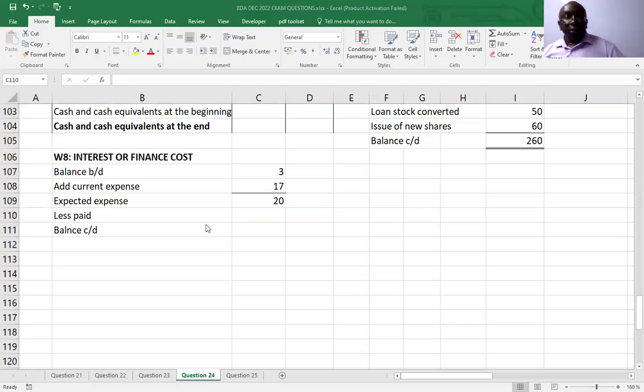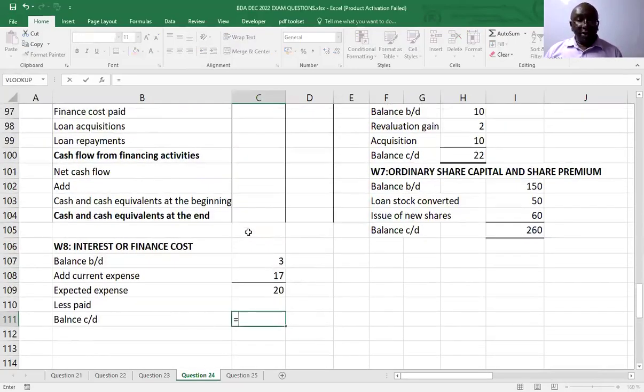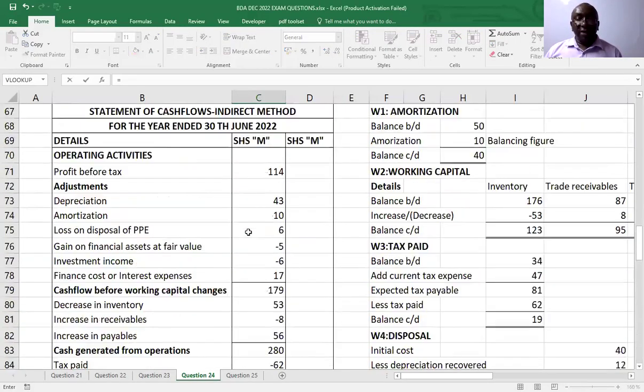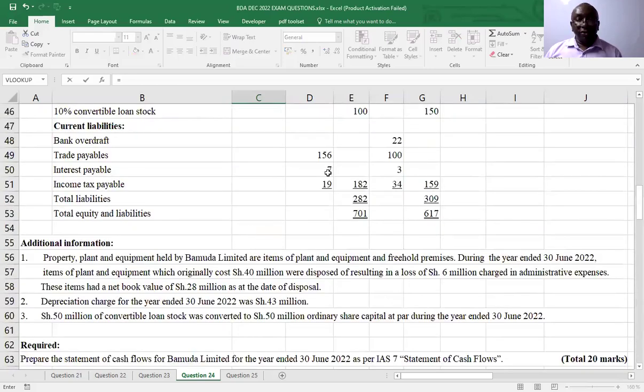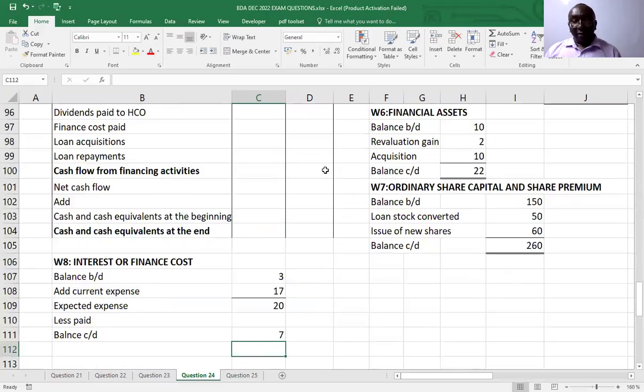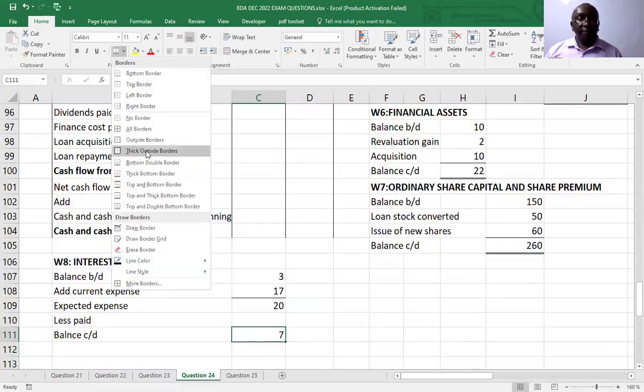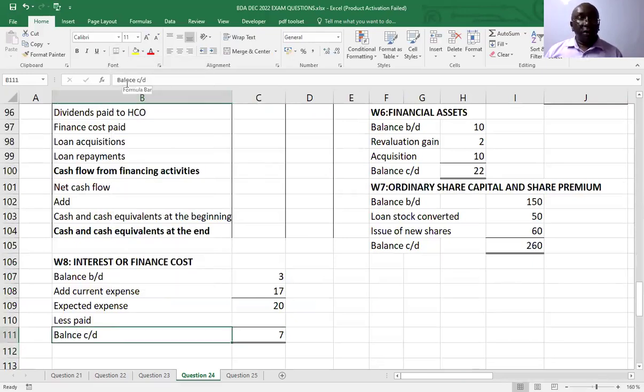Haya. So now, we are supposed to have 20. But what do we have? The closing is, the balance carried down is 7. And that 7, you can give it a double underline. Hii ni balance.